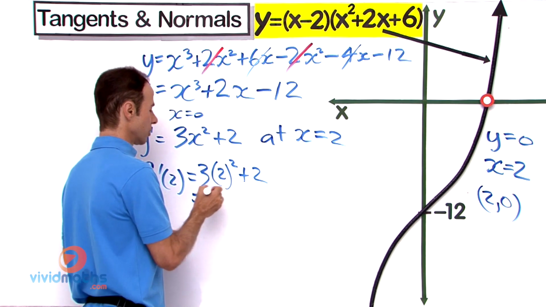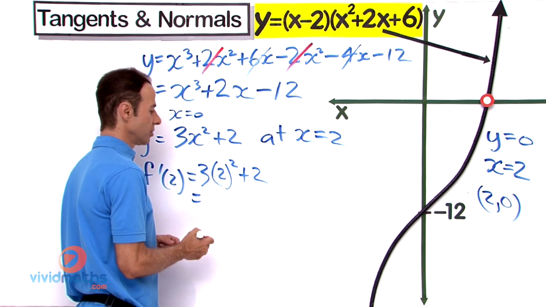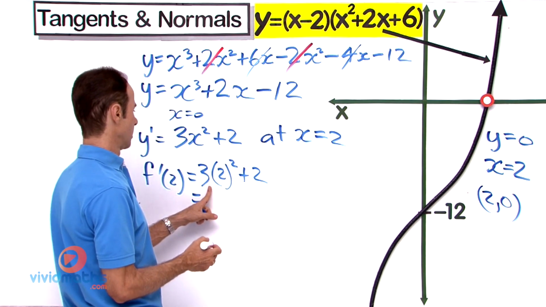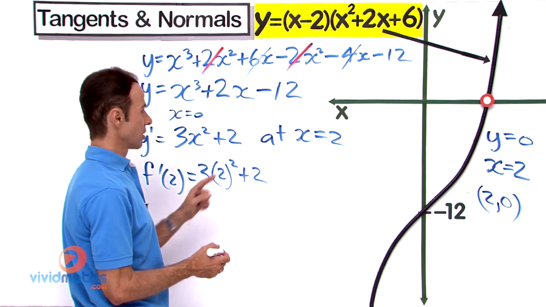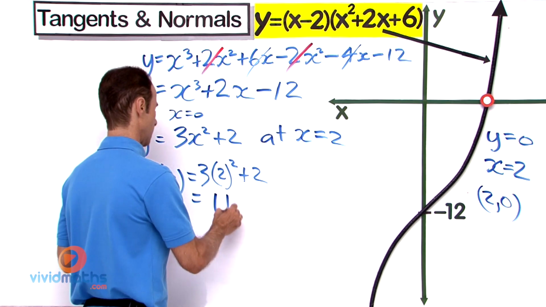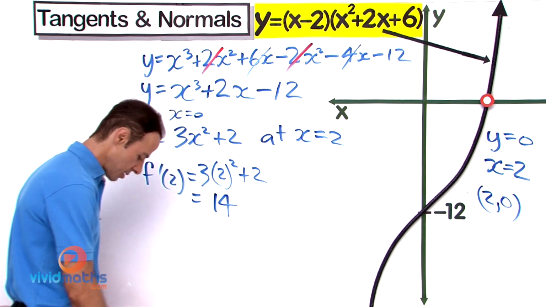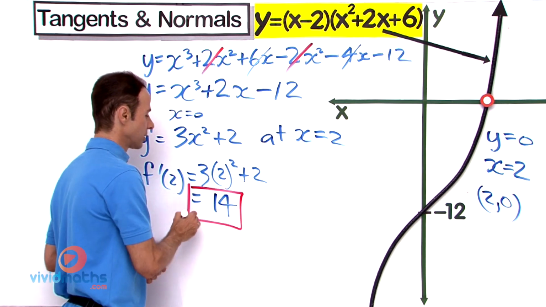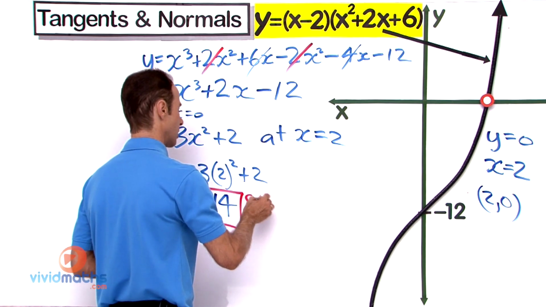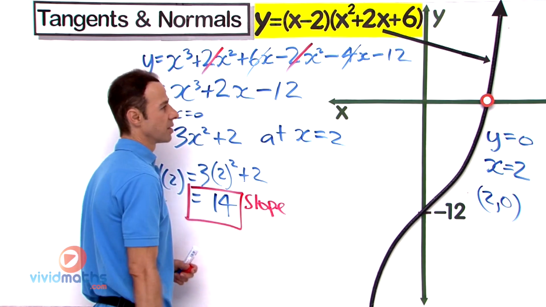And that's going to equal 3 4s are 12 plus 2. 2 2s are 4, 3 4s are 12. That's going to be 14. So that 14 is the slope and gradient at that point right there.